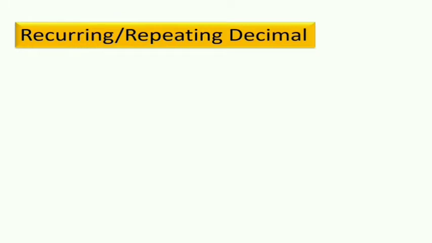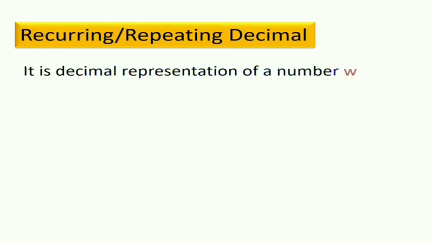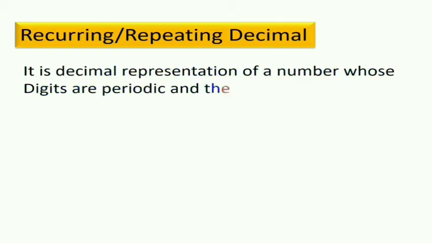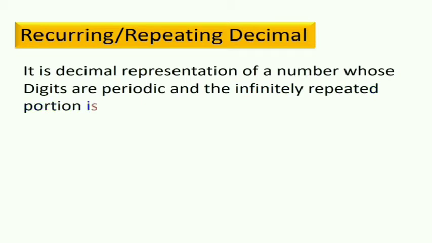Now come to the recurring or repeating decimal. What is a recurring or repeating decimal? A repeating decimal or recurring decimal is a decimal representation of a number whose digits are periodic and the infinitely repeated portion is not 0.